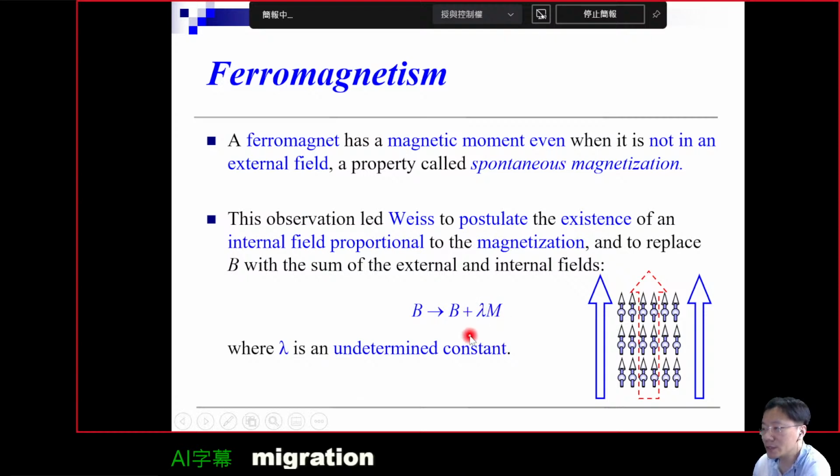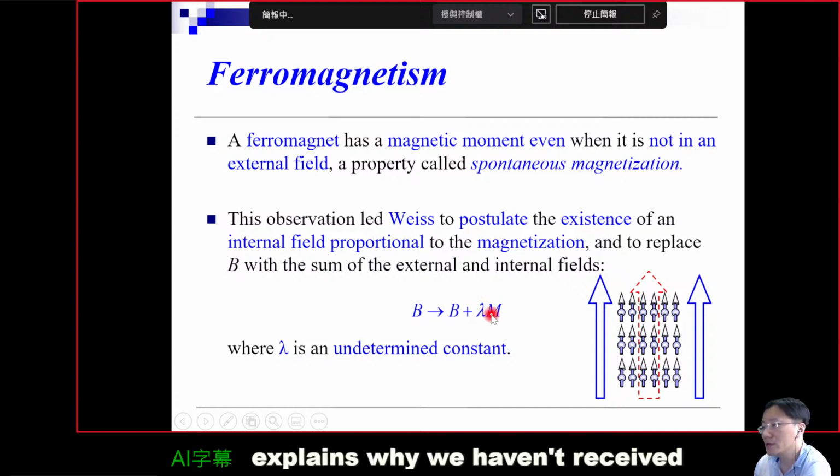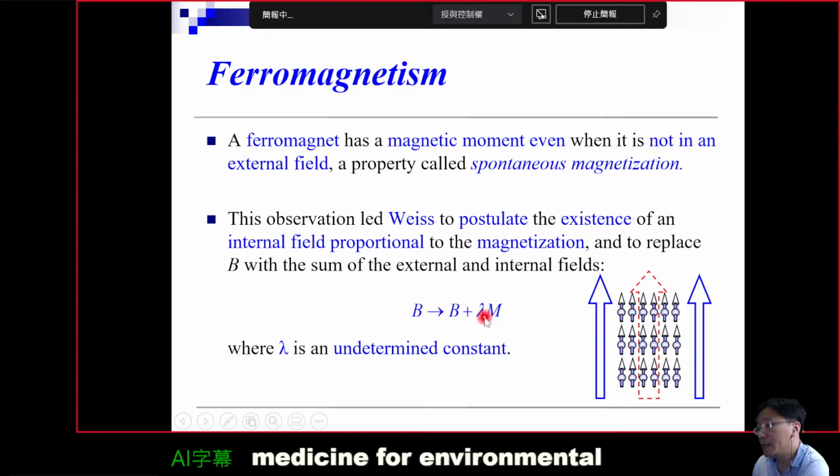In this description, they also explain why we have a hysteresis loop, because once the magnetization becomes larger, the internal magnetic field will also increase. So if we remove the external magnetic field, the internal field will not be removed by the decreasing of the external field. Therefore, we will not return to the original state.